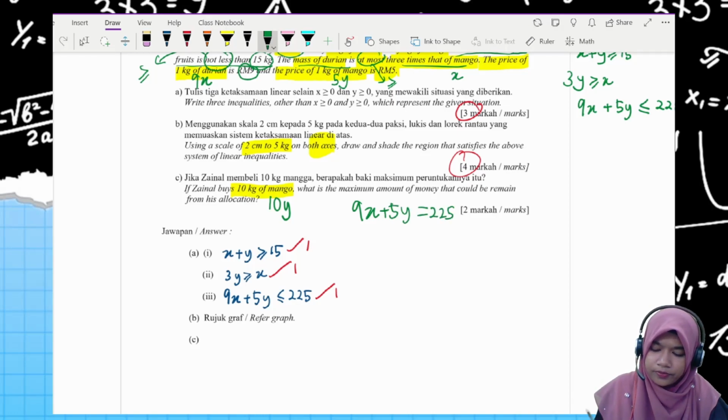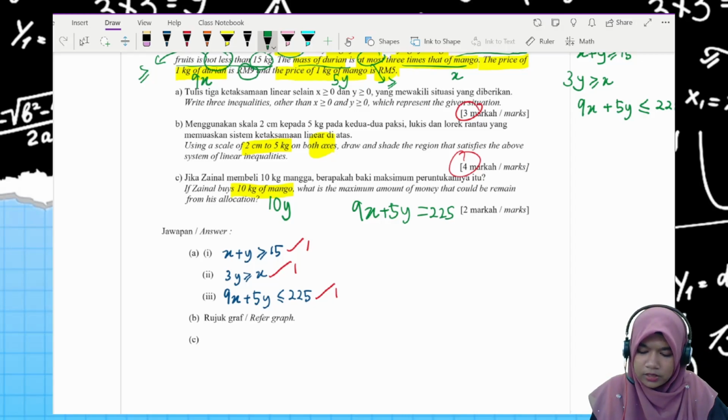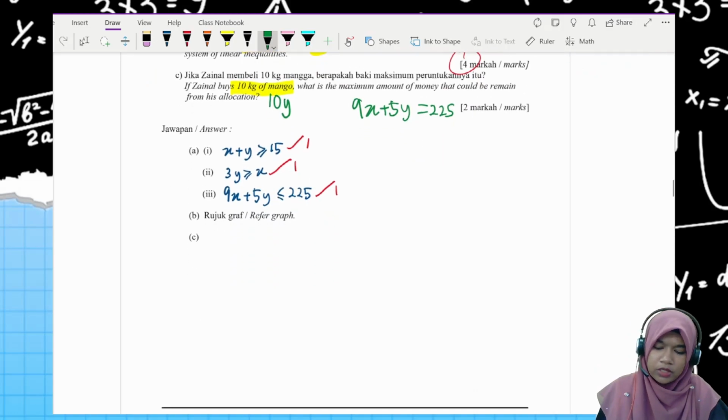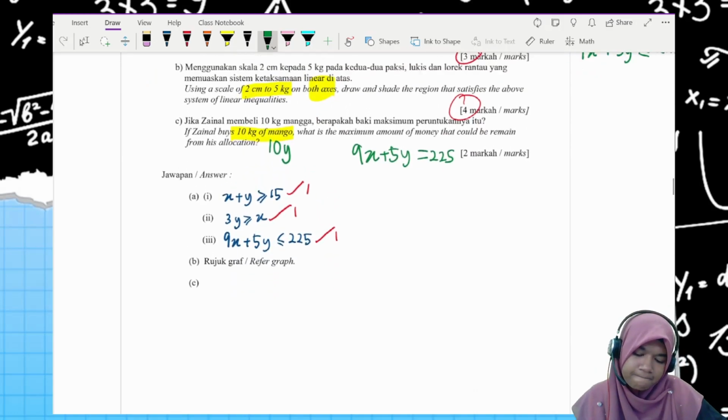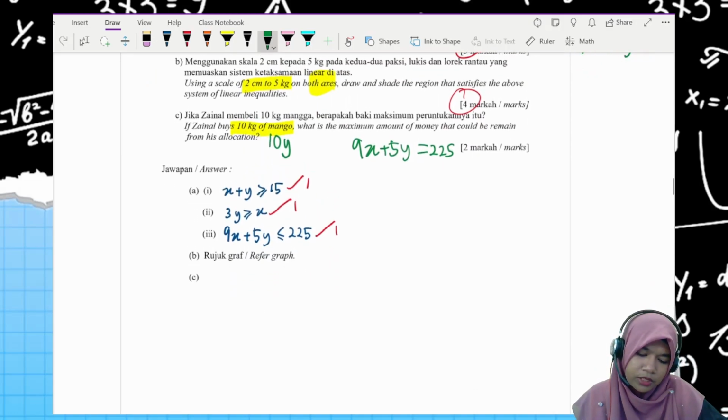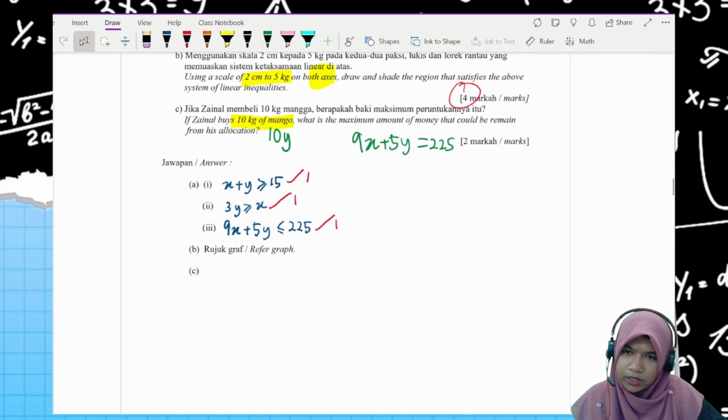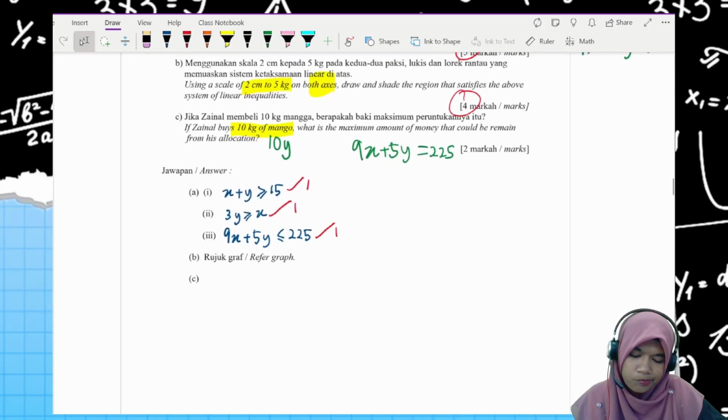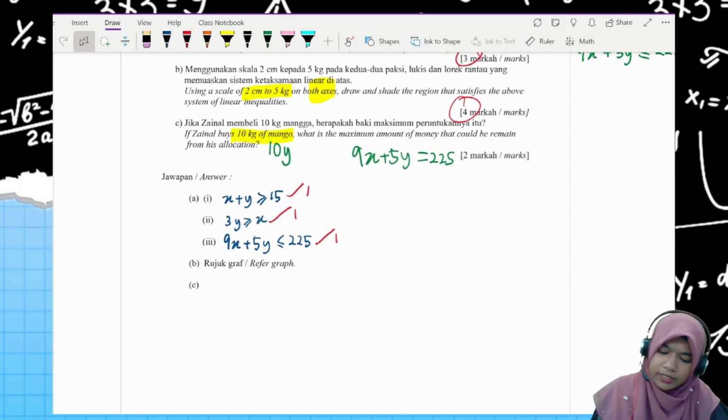So what is the amount of money that could remain? You should base it on the 10 kg, y. You should know what is the value of x. This one is just a calculation.